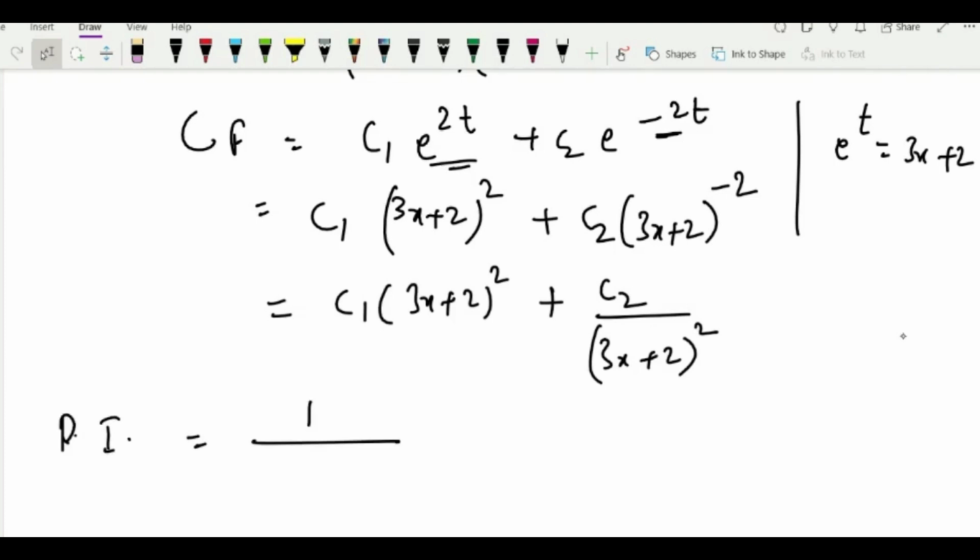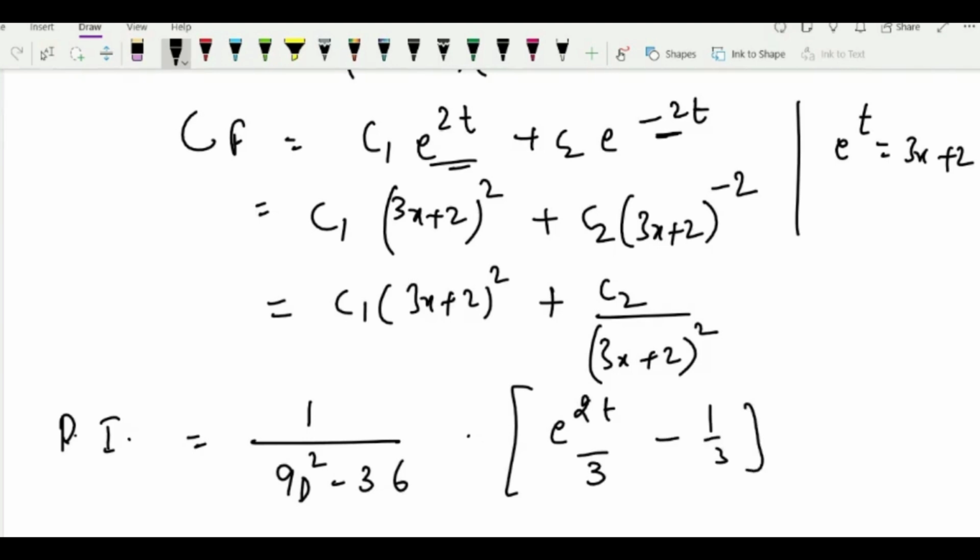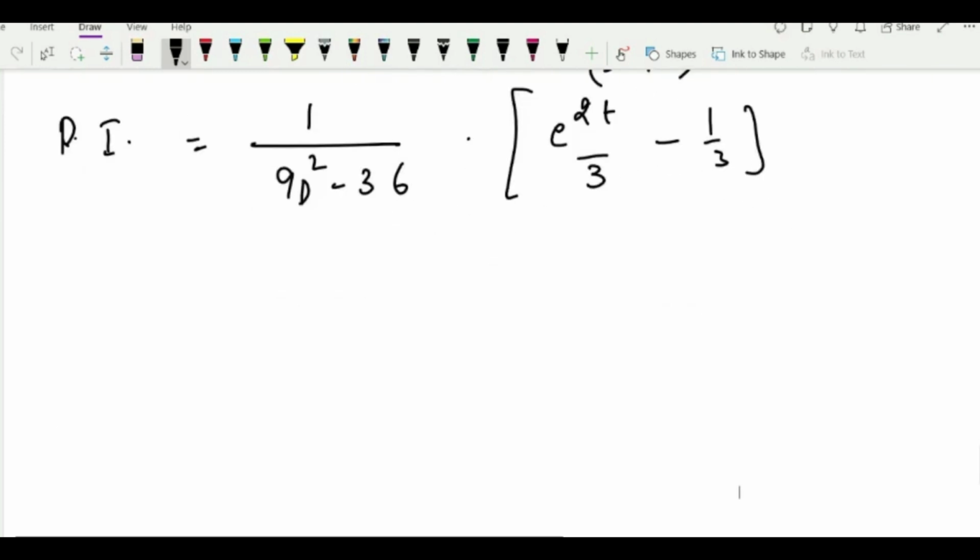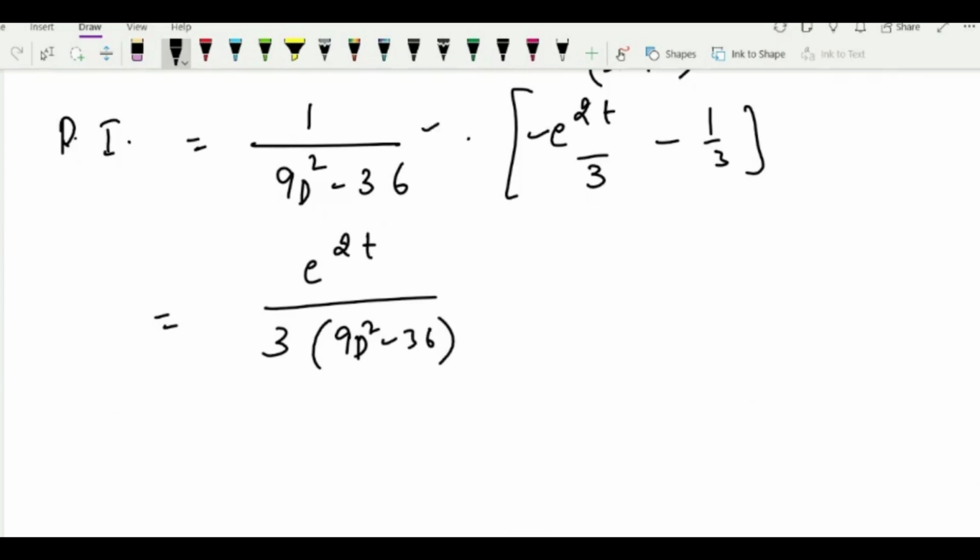For the particular integral we have f of D as 9D square minus 36, and on the right hand side we have e raised to power 2t by 3 minus 1 upon 3, which we have found earlier. So how can we solve this? Here for e raised to power 2t upon 3 times (9D square minus 36), taking 1 upon 3 common, we have 1 upon 9D square minus 36.